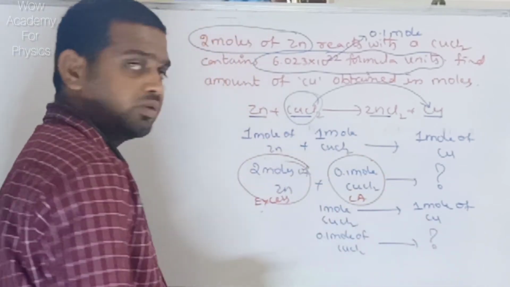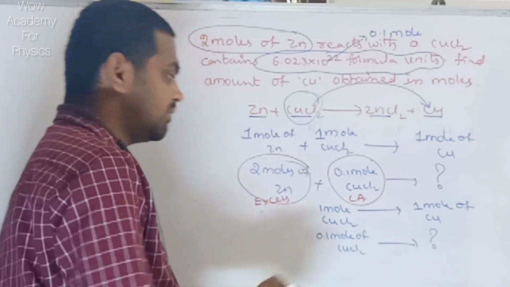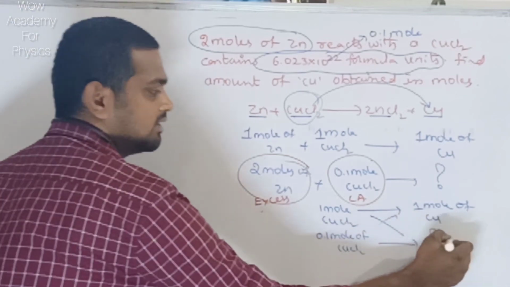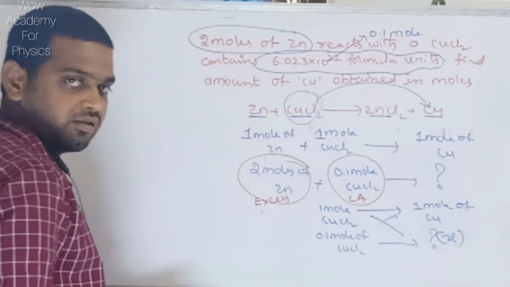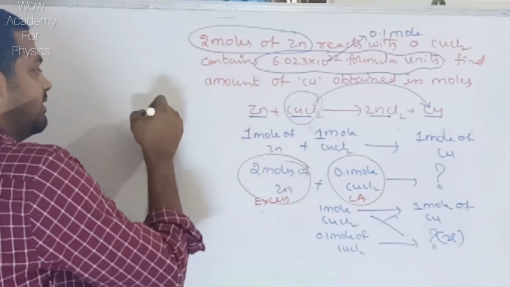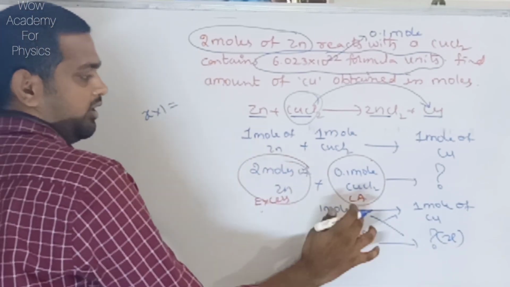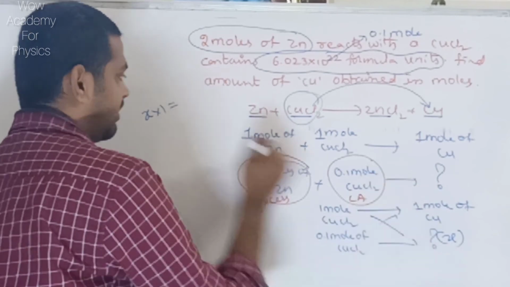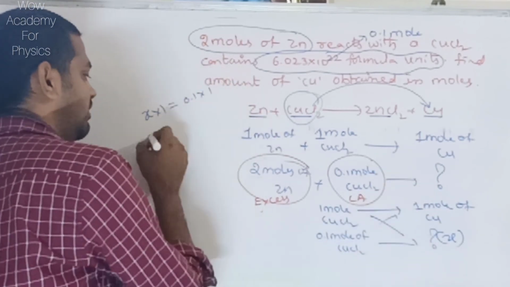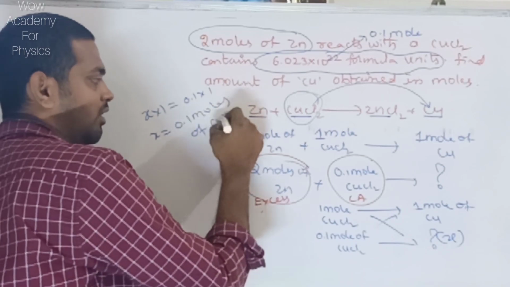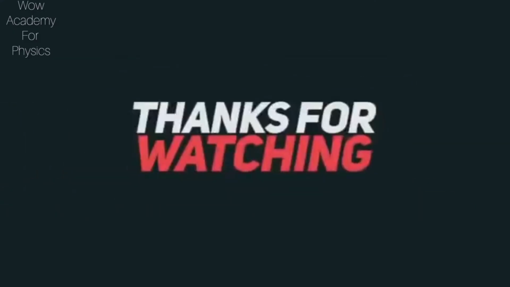To do that, you simply need to do cross multiplication. Let us consider x moles of copper are going to be produced. So x into 1 is equal to 0.1 into 1. So x is equal to 0.1 moles of copper will be produced.